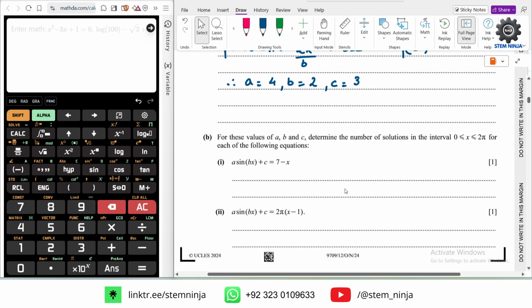For these values of a, b, and c, determine the number of solutions in the interval 0 to 2 pi for each of the following equations: a sin bx plus c equals 7 minus x, and a sin bx plus c equals 2 pi x minus 1.